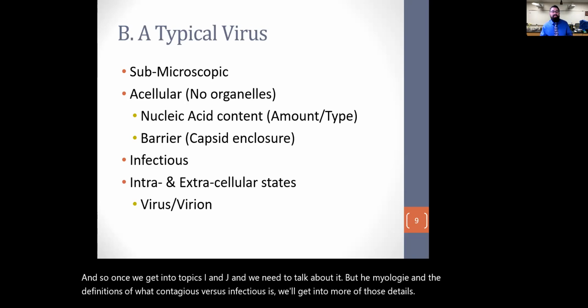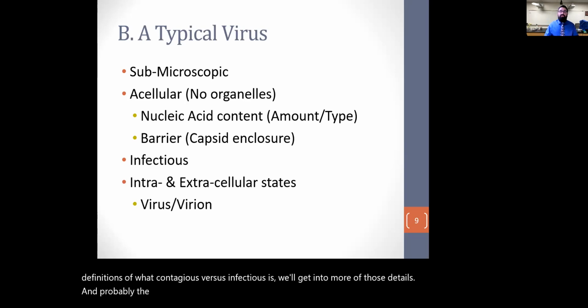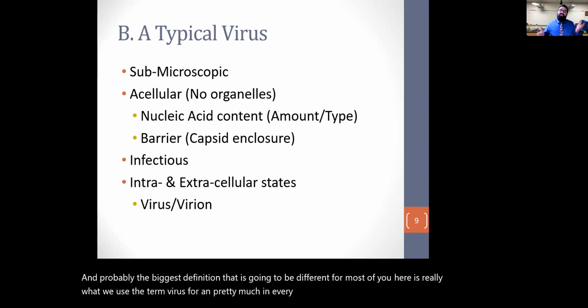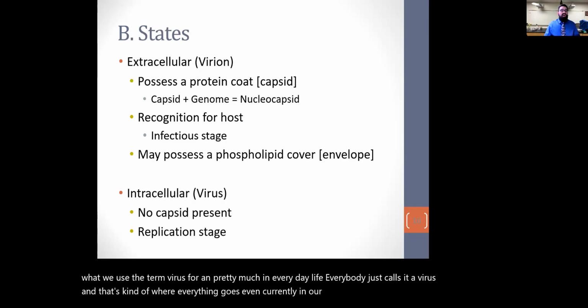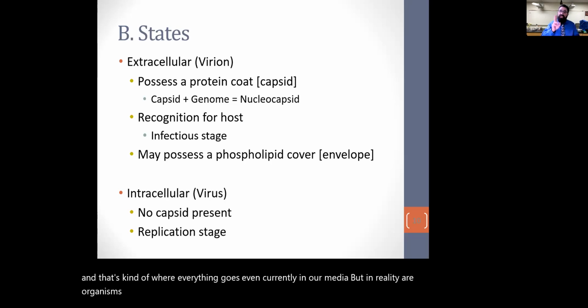And probably the biggest definition that is going to be different for most of you is what we use the term virus for. In everyday life, everybody just calls it a virus, and that's kind of where everything goes, even currently in our media. But in reality, our organisms, specifically our viruses, have two states. They have an inside and an outside state.